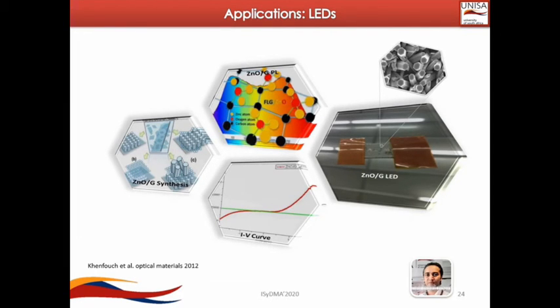The challenge was to produce a clear white light from one chip, and as shown, the light that was emitted by the LED was from 400 to 800 nanometers covering the whole visible range, and the curve that we obtained is showing a normal behavior of a light emitting diode. And as shown by the same image, this chip was based on ZnO nanorods and graphene layers.